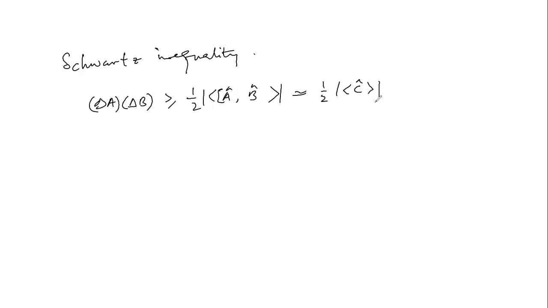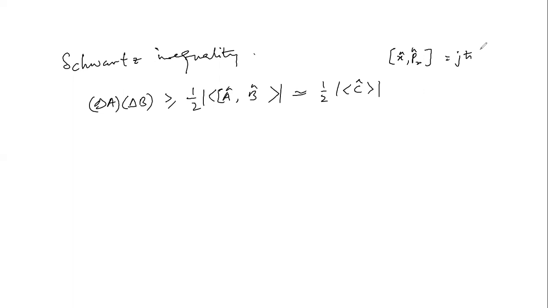So this implies that, recall that the commutator between the position and the momentum is the same as j h cross, right?